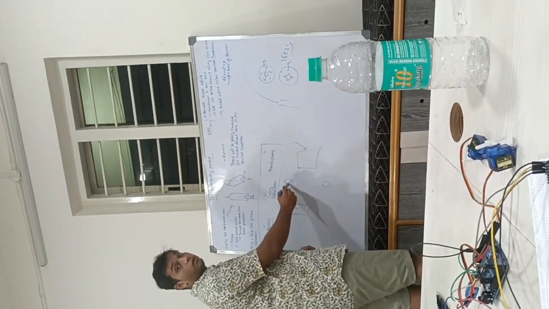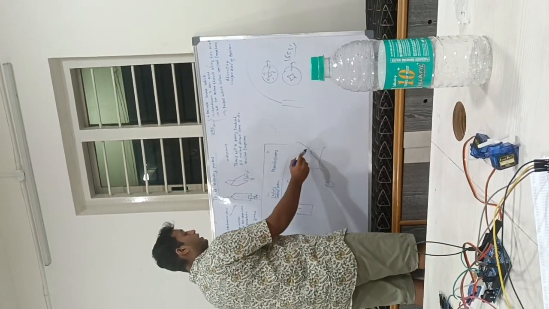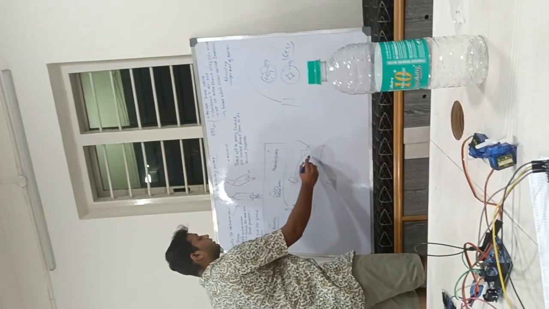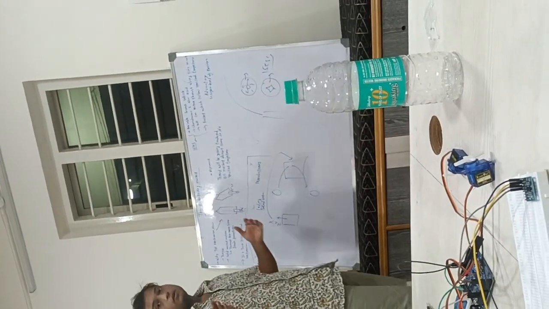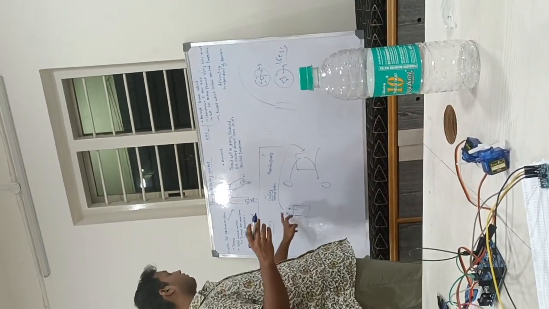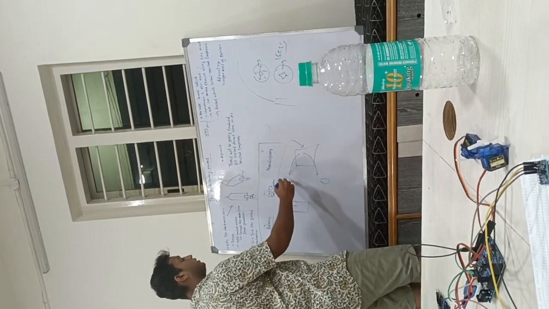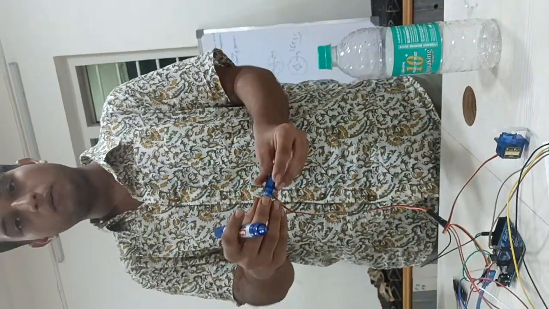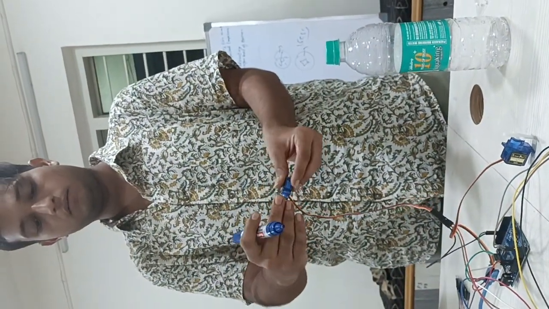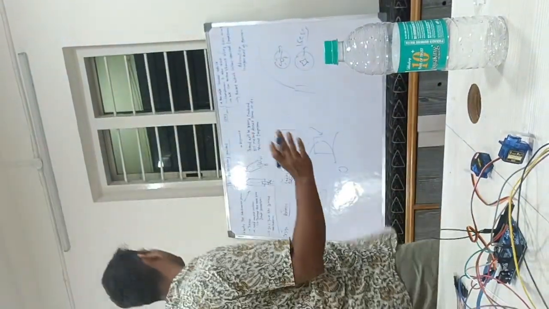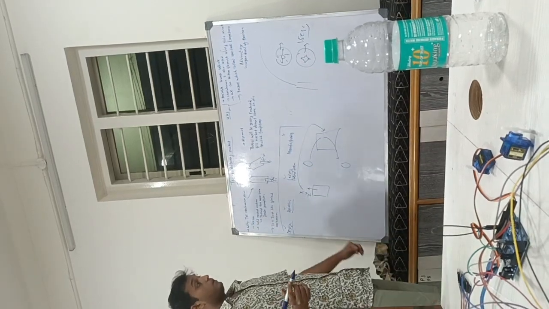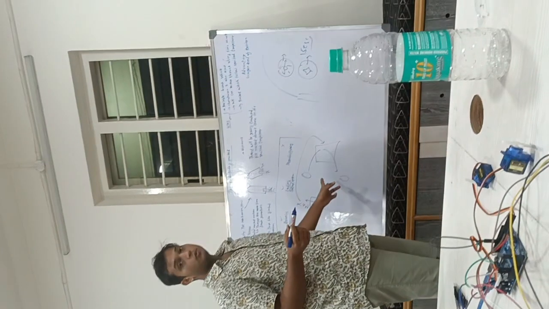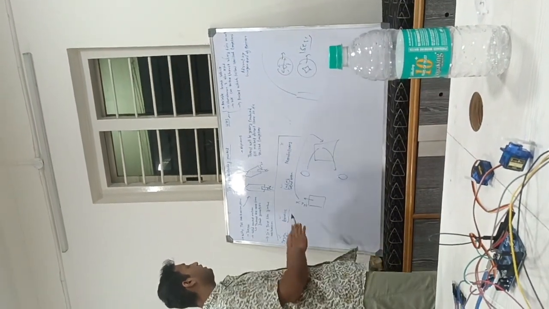Then the Arduino Uno will transfer the data to the servo motors. According to the data of the X, Y, and Z directions, the servo motor handle will move, like this. According to the angles given by the MPU 6050, our servo motors will move. That's it.